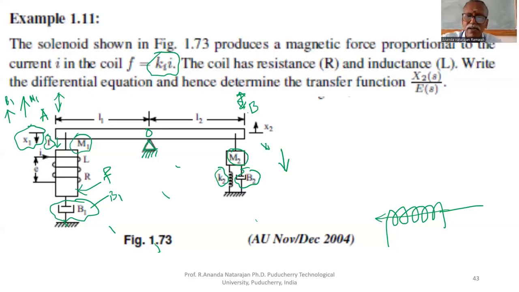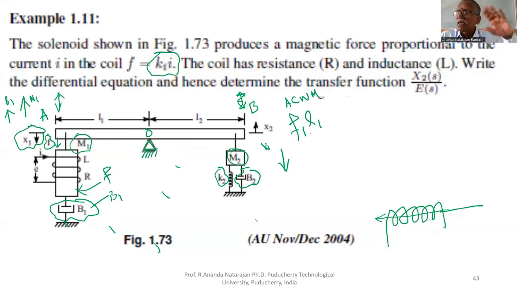Therefore, if we take moments, clockwise moment and anti-clockwise moment are equal. Therefore, I can say that F1 L1, is this a clockwise moment or anti-clockwise moment? Anti-clockwise moment. The anti-clockwise moment is F1 L1, the force developed at this end.